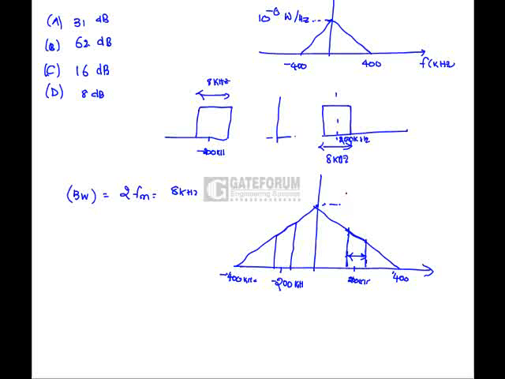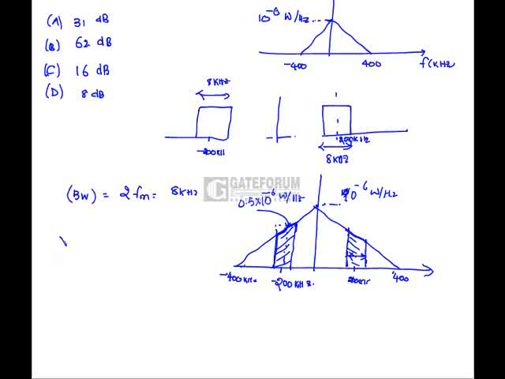The magnitude is 10 power minus 6 watts per hertz. Here it is a linear variation over the top of this portion, so we can approximate it to the average value. We have to calculate this magnitude at 200 kHz. This is a linear portion. If we calculate, we get 0.5 into 10 power minus 6 watts per hertz.